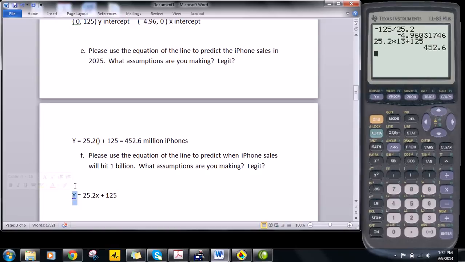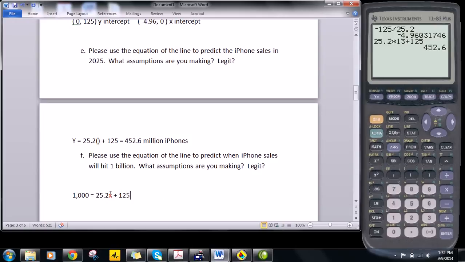So if I'm trying to solve for x when I hit 1 billion, I'm not going to plug in 1 for y. I'm going to plug in 1,000, because my y value is in millions, and 1,000 therefore represents 1 billion.